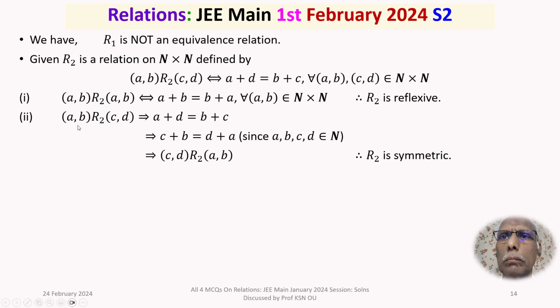So whenever A comma B is related to C comma D, C comma D is also related to A comma B. So this will tell you R2 is symmetric.